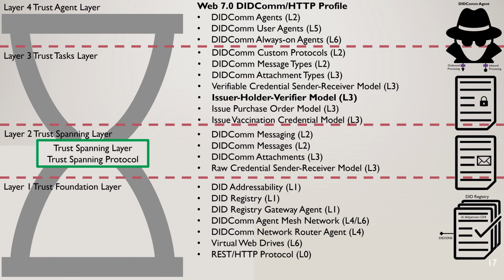This is the only place where we're actually going to talk about verifiable presentations, and it's there for completeness. So where does the issuer holder verifier model fit in? Well, it's part of layer 3, the trust tasks layer, because like the verifiable credential receiver model on which the issuer holder verifier model is derived, it naturally needs to belong in layer 3, and the verifiable credential sender receiver model, as we discussed earlier, is in layer 3, because the most basic sender receiver model, the raw credential receiver model, is part of layer 2.